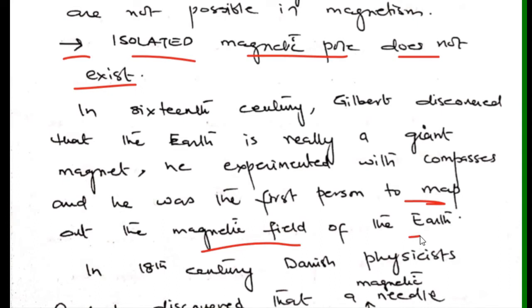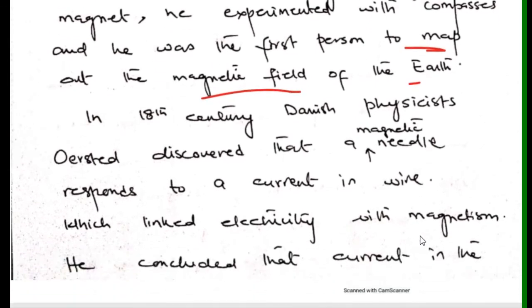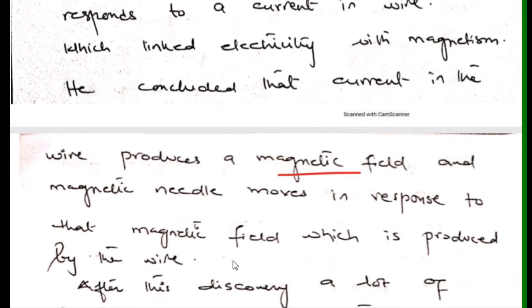In the 19th century, Danish physicist Ørsted discovered that a magnetic needle responds to a current in a wire, which linked electricity with magnetism. He concluded that current in the wire produces a magnetic field, and the magnetic needle moves in response to the magnetic field which is produced by the wire.